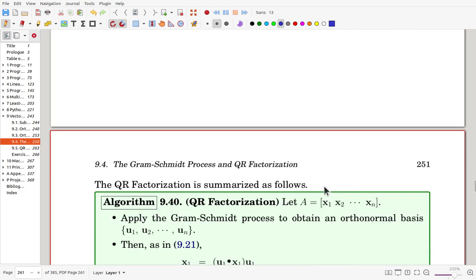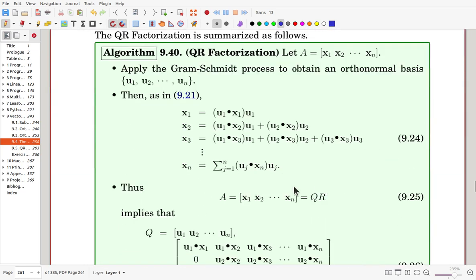Let's see here the algorithm for QR factorization. Now A is a matrix having x1 to xn, and assume these are linearly independent. Then first we apply the Gram-Schmidt process to obtain an orthonormal basis for the column space of A. Now we try to make the expression here.